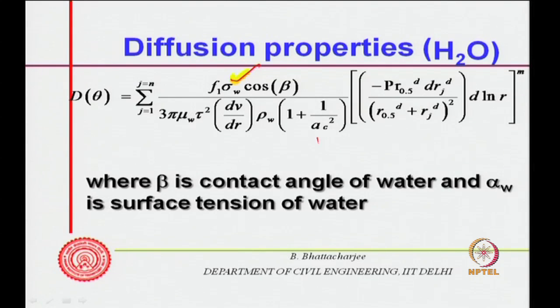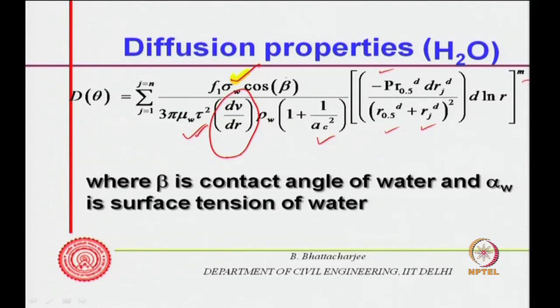F1 is another property which is related to a pore size distribution. All right. dV/dr is the rate of change of pore volume with radius, and tortuosity, viscosity, R.5, Rj, etc., porosity, all this comes into picture. M, which was there in the exponent, that will come. So, in fact, hydraulic diffusivity can be also expressed in the similar manner from pore size distribution.